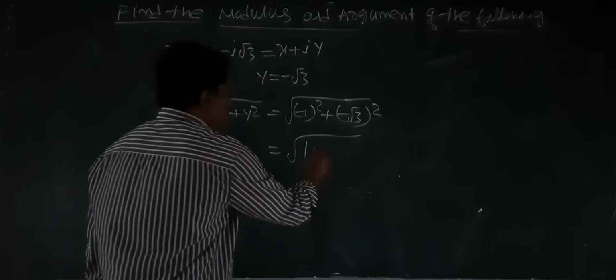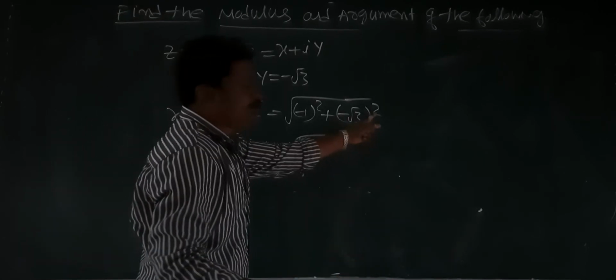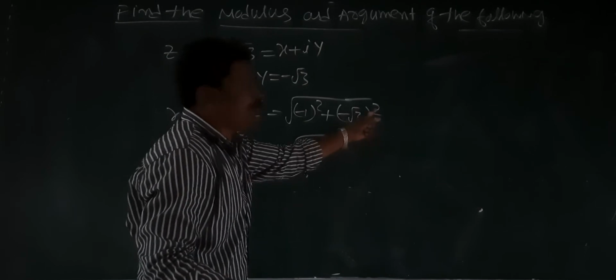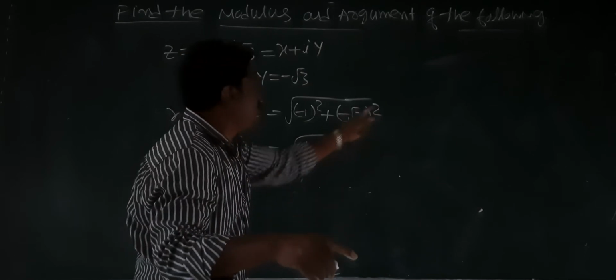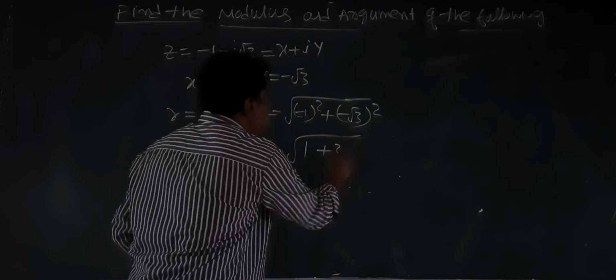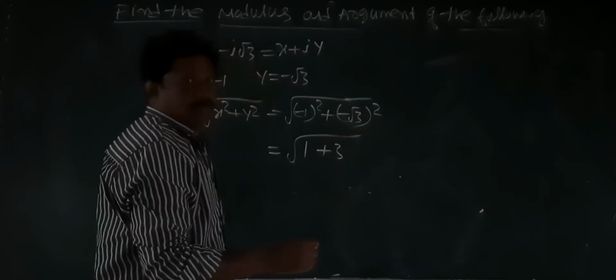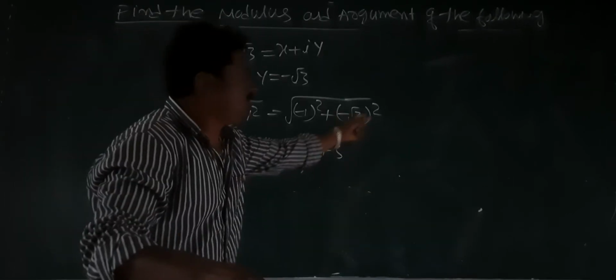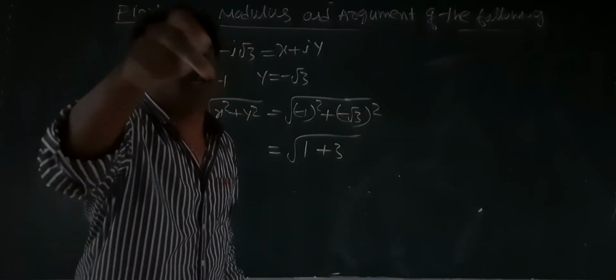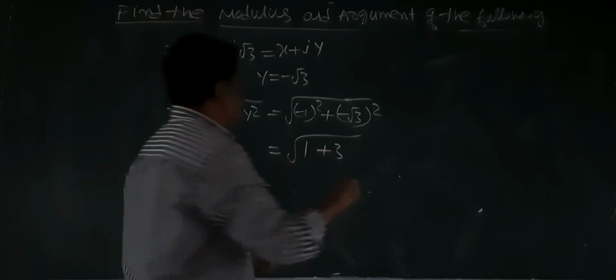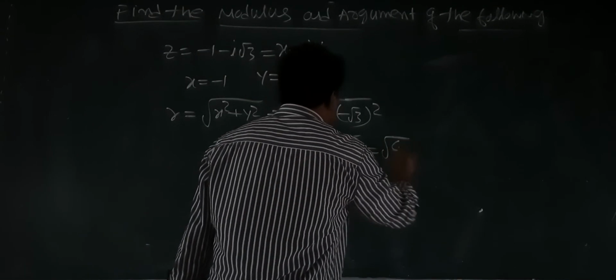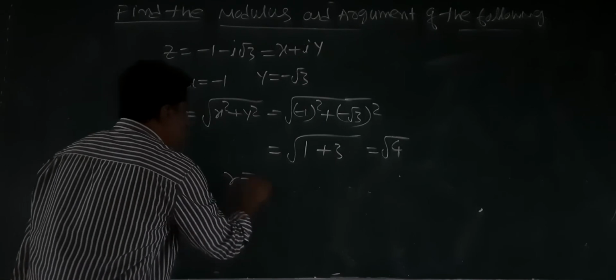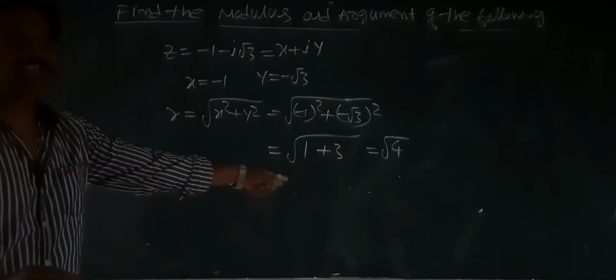Minus root 3 whole square, the square and root get cancelled, so you will get 3. So root 4, r equals 2. Modulus is 2.